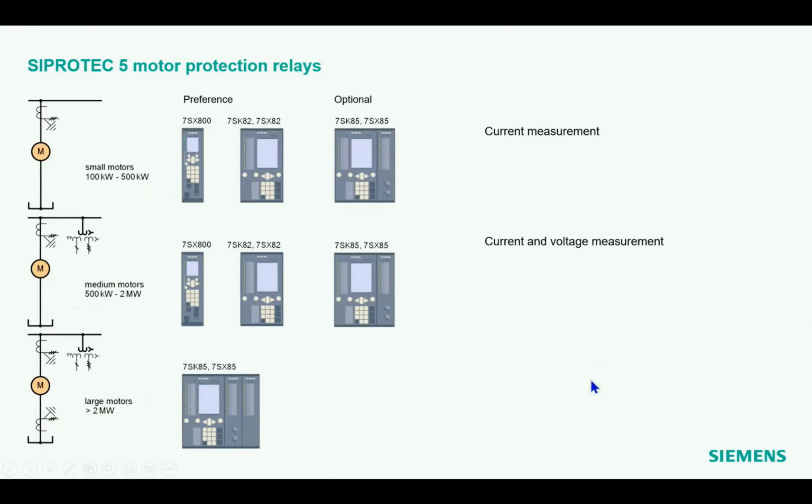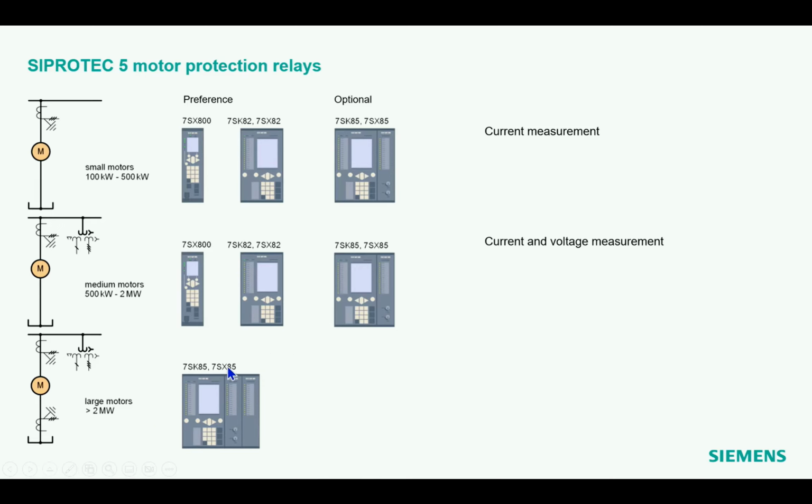And if we come to the bigger, the larger motors, additionally, we maybe want to apply a differential protection. You see here is a second current transformer on the star point side. And for this, we cannot use the smaller devices like 7SX800 or 7SX82, 7SK82, because they have just one current input.